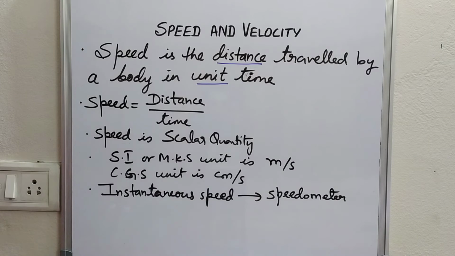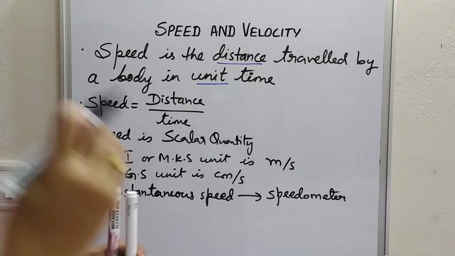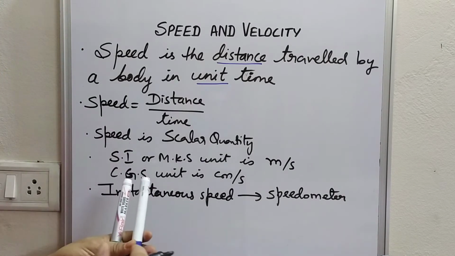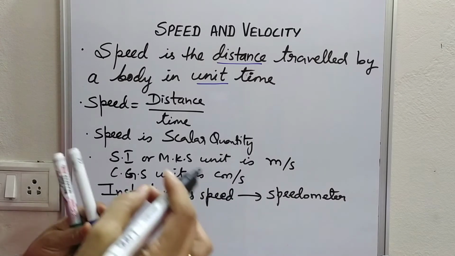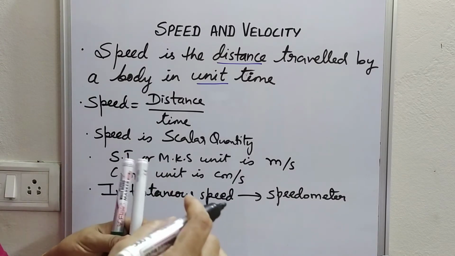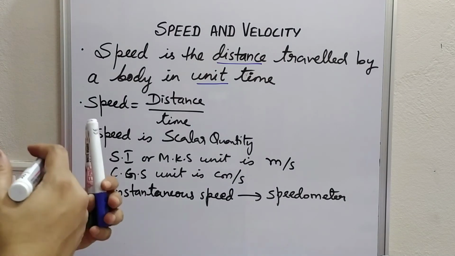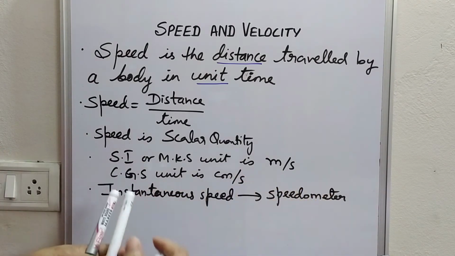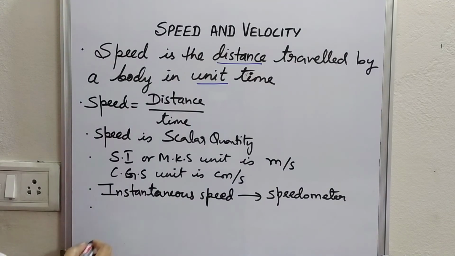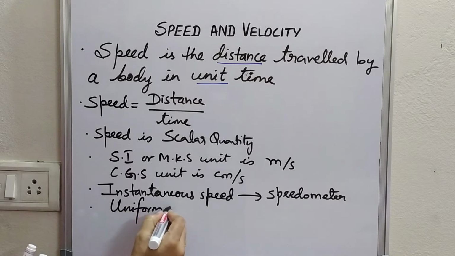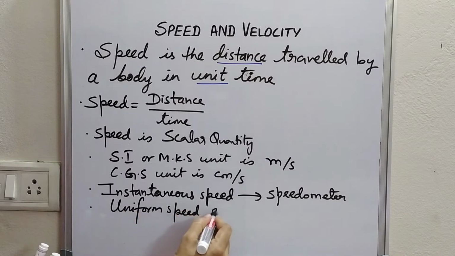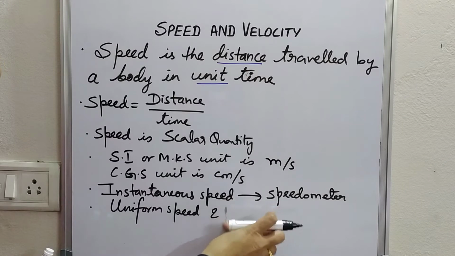Speedometers are the instruments fixed in our vehicles, which read instant speed, that is speed at that very moment. The way an odometer reads total distance travelled, similarly a speedometer reads instantaneous speed. Likewise, we have certain concepts like uniform speed and non-uniform speed.